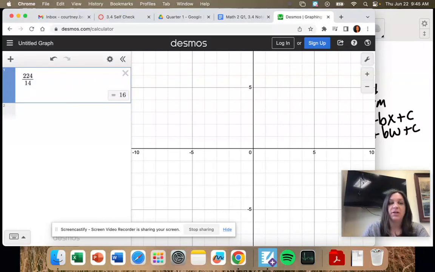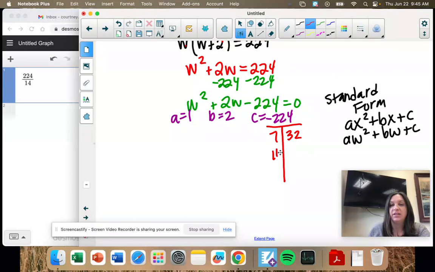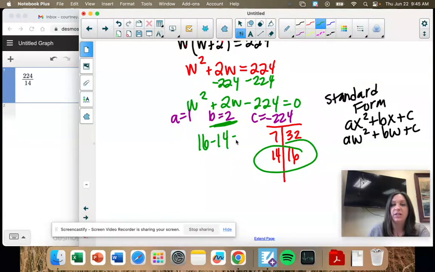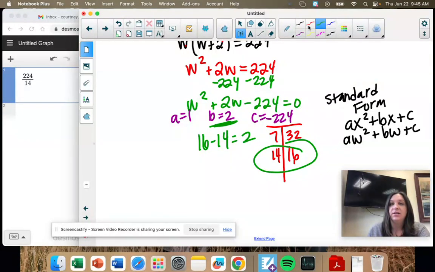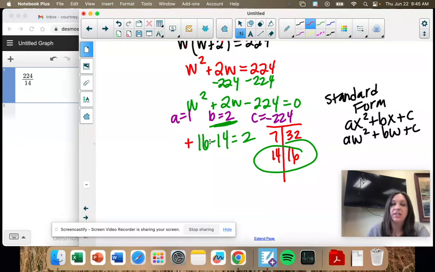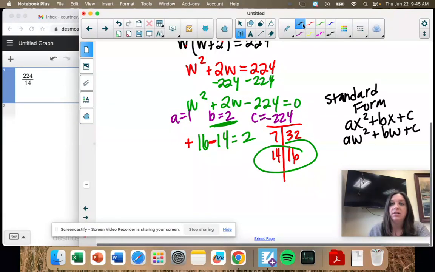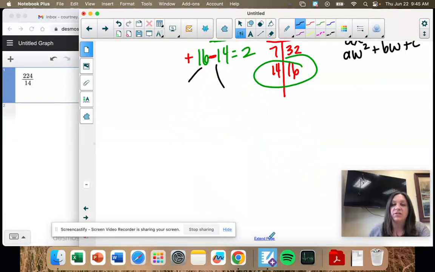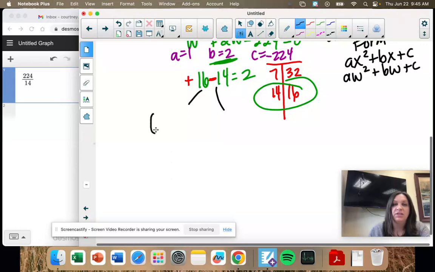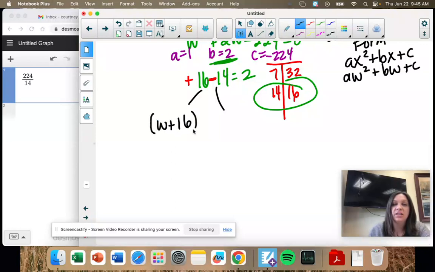I'm just adding one every time. 14 and 16. Do you see it? 16 minus 14 is 2. Okay, so we have positive 16 and negative 14. Those are going to go in our factors. So we have W plus 16, W minus 14.